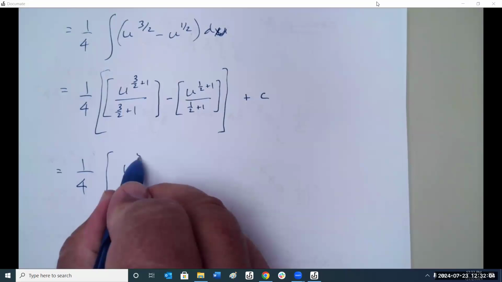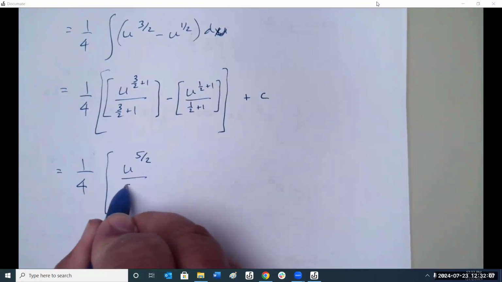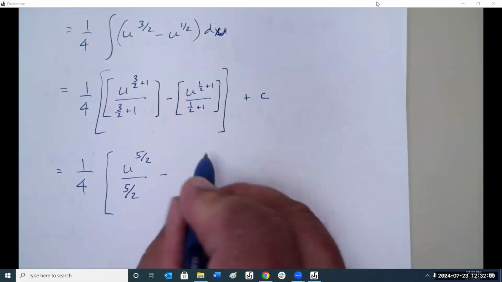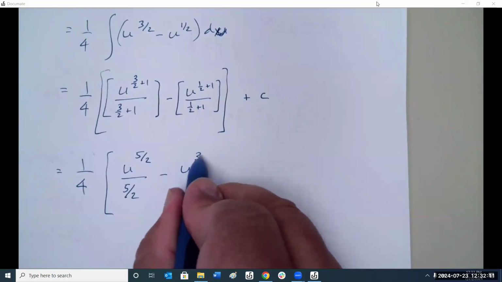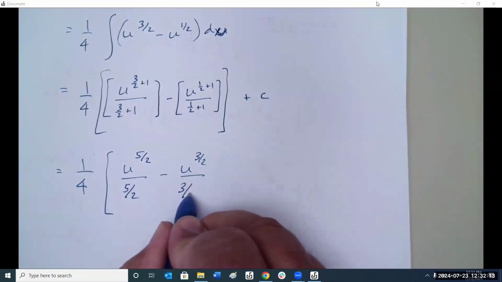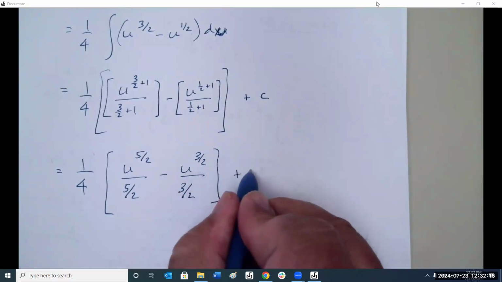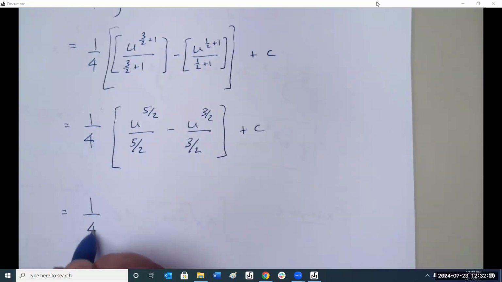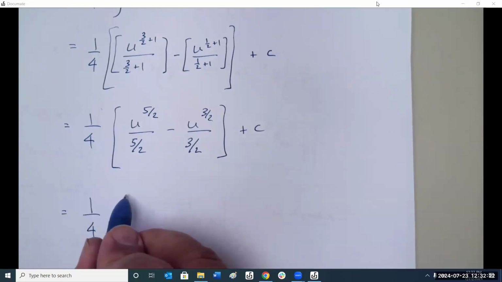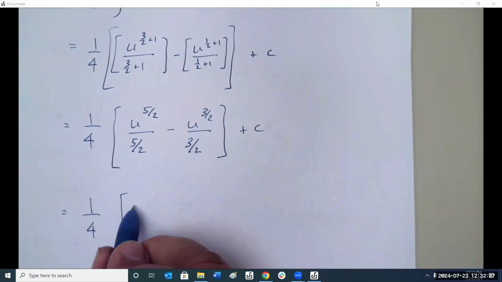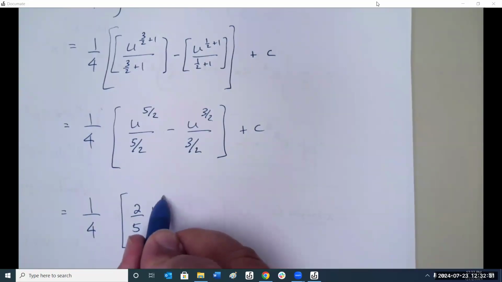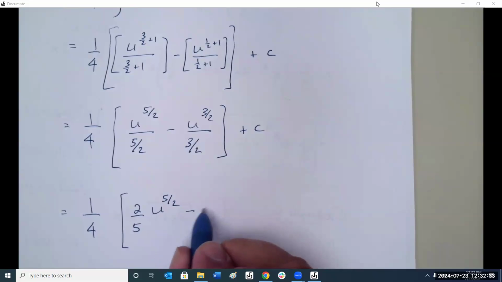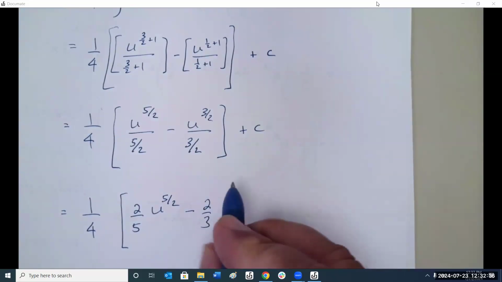Two over two makes it 5/2, so u to the 5/2 over 5/2, and u to the 3/2 over 3/2. That's just 2/5 and 2/3.